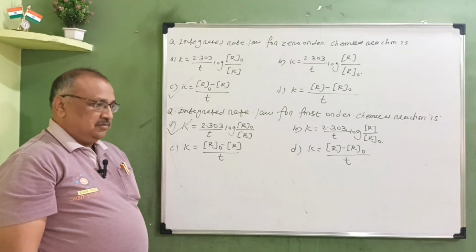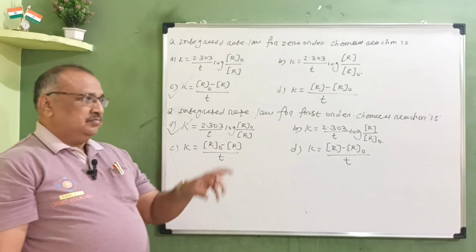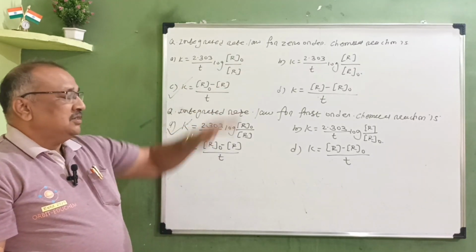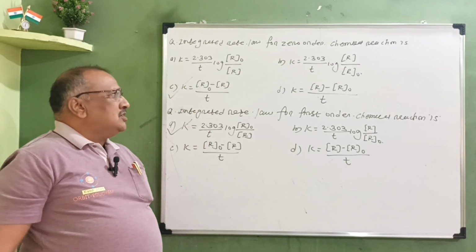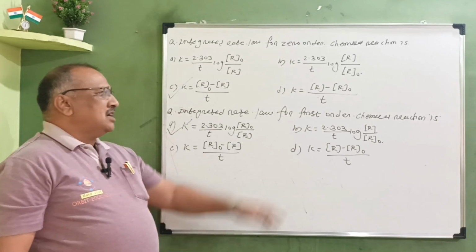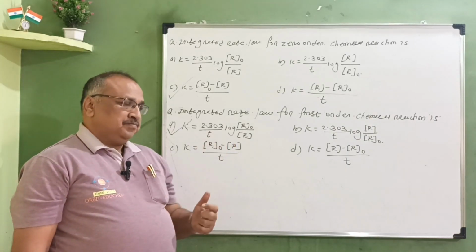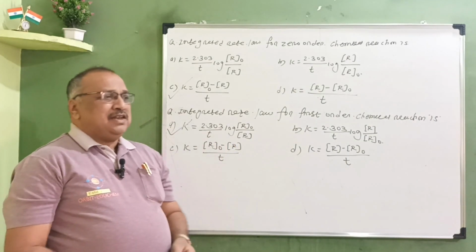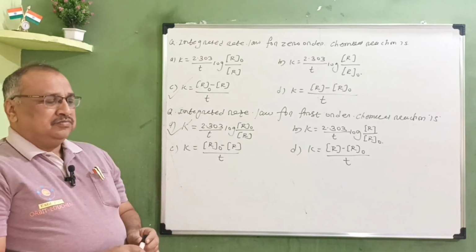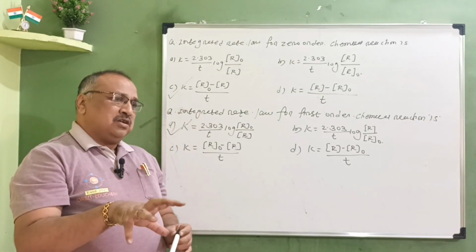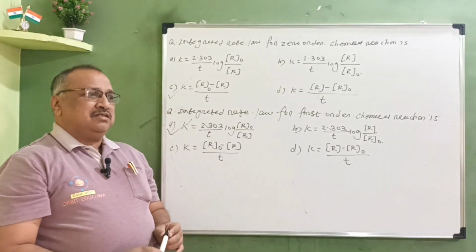That means, keep in mind the integrated rate law for zero order chemical reaction as well as first order chemical reaction. These equations are given in any form. These equations are also given in the graphical representation.